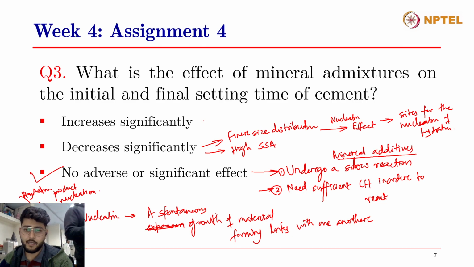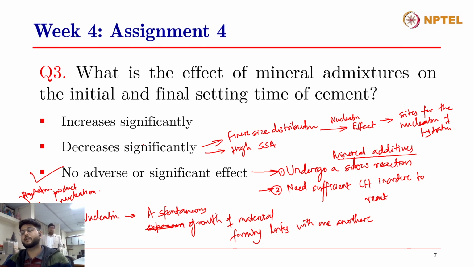Now again, it might so happen that when you add the mineral admixtures in huge quantities, they might increase the setting times as well. How so? Because if you replace a major chunk of the cement with these mineral admixtures, as we know that the mineral admixtures have a low reactivity, there won't be enough cement in the system itself for the whole system to set.